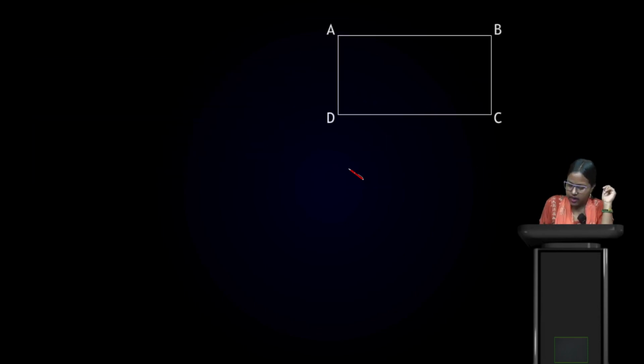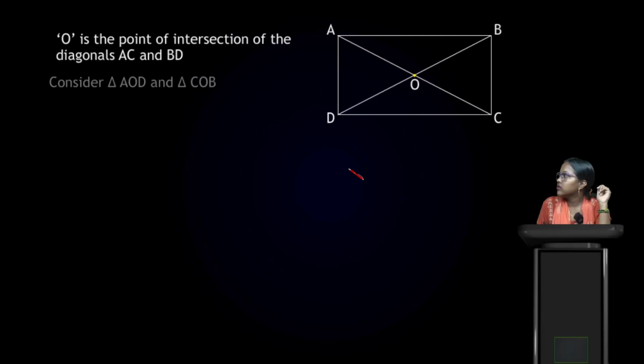Okay, here one rectangle ABCD is there and we join the diagonals AC and BD, and the meeting point we name as O. O is the intersection of the diagonals AC and BD.